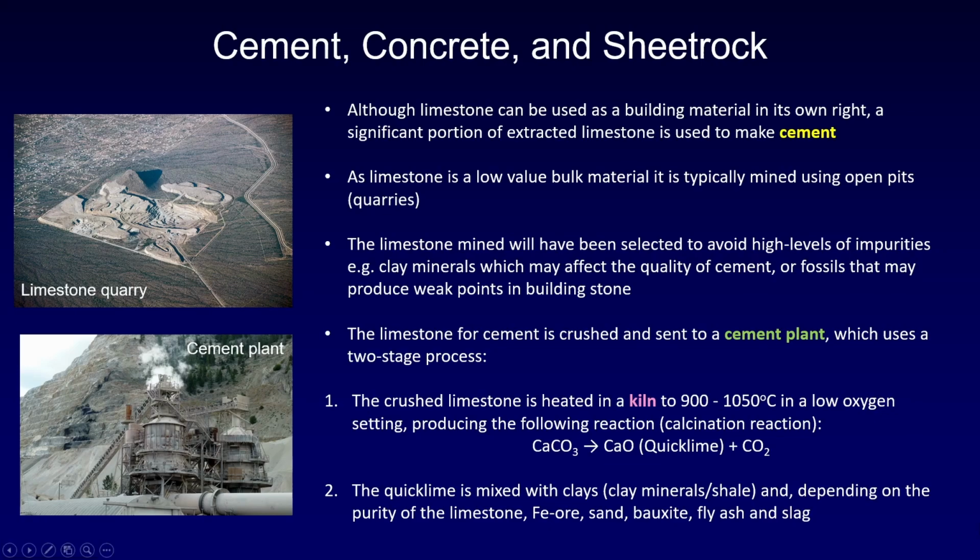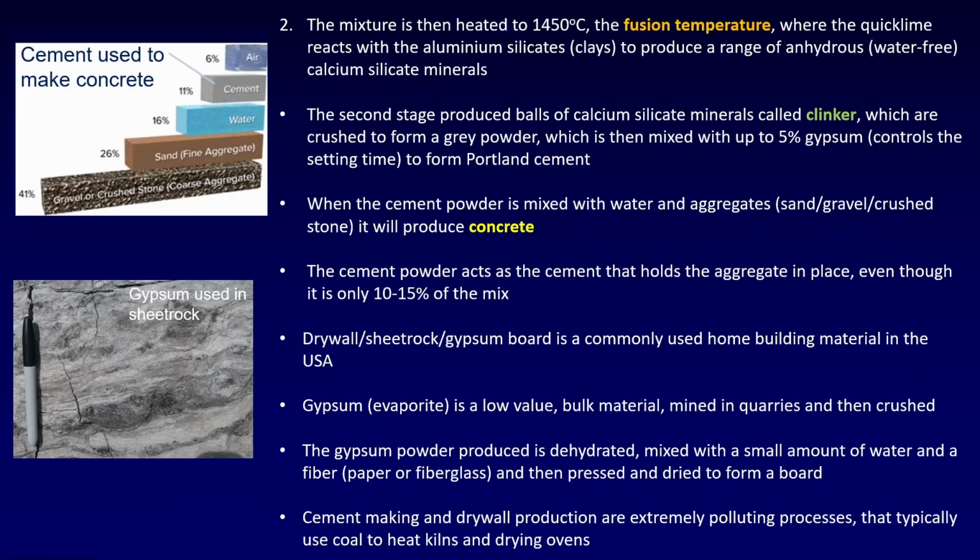So at this stage, we've added additional industrial minerals to the limestone that we initially put in. And then, once we have gone through the fusion temperature and produced our calcium silicate minerals, we're also going to add in some gypsum, another industrial mineral, in order to help control the rate at which our cement will turn into concrete.